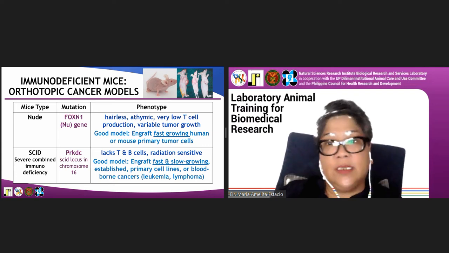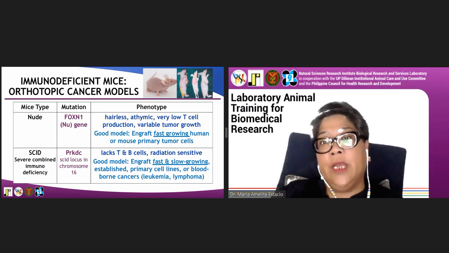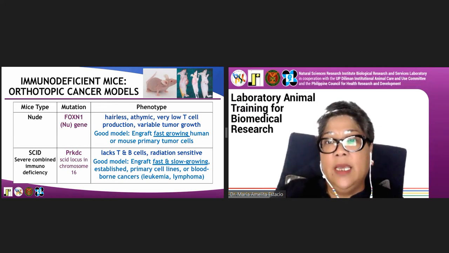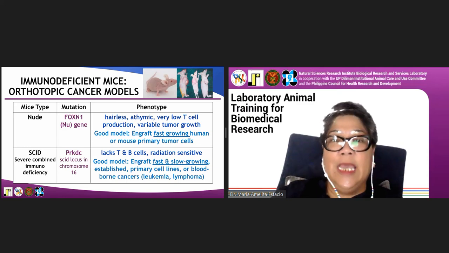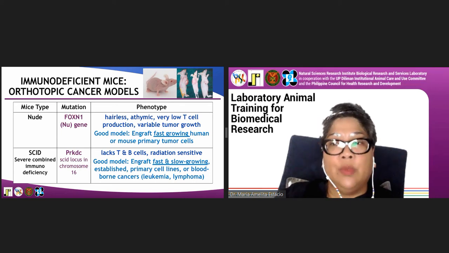Now, the problem with the nude mice is that when you do the transplantation or injection of the tumor cells, there is a variability in tumor growth. And this is only a good model when you engraft or inject fast-growing tumor cells, whether these are primary tumor cells, human-derived or mouse-derived.